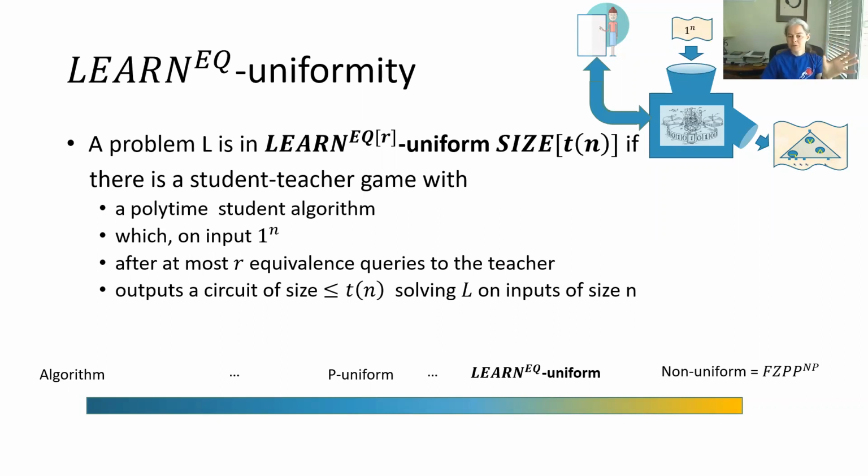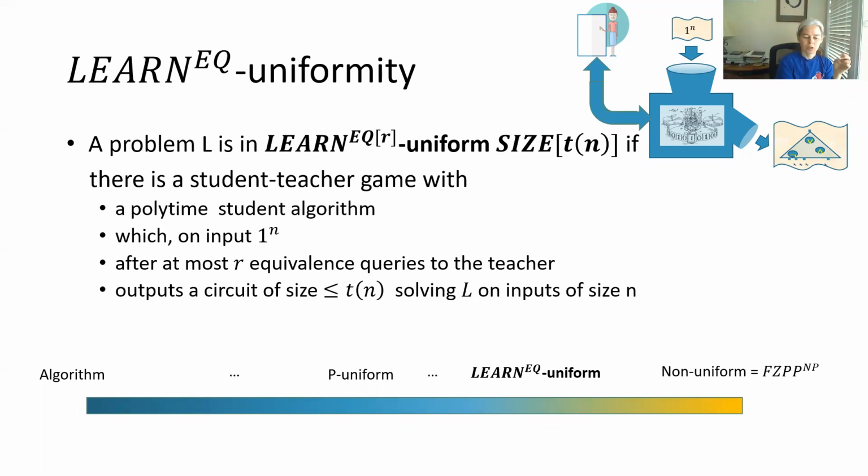And we say, what if the process that produces that family of circuits is exactly when you have a polynomial time student who interacts with a teacher. So a student produces a circuit and asks the teacher, is it okay? The teacher may say yes, or the teacher may say no, because the circuit doesn't work on such and such input. Then the student tries again and again and again.